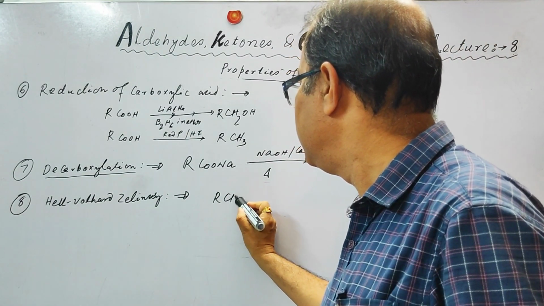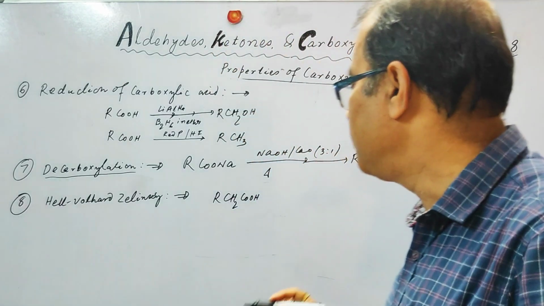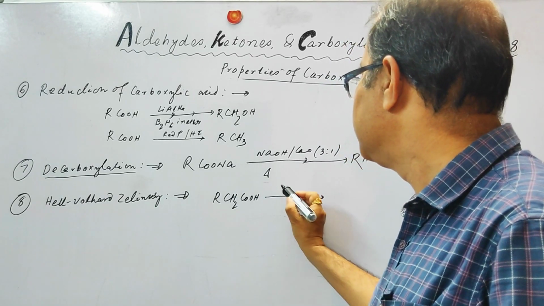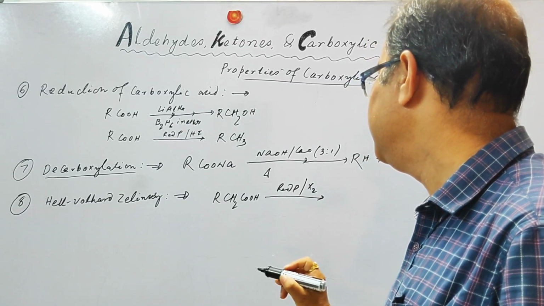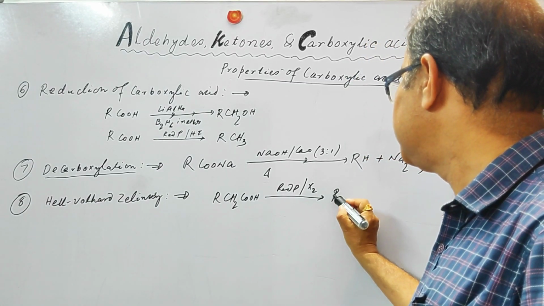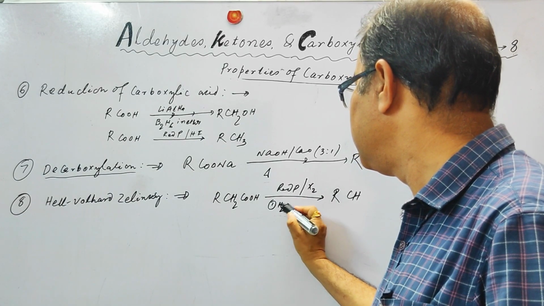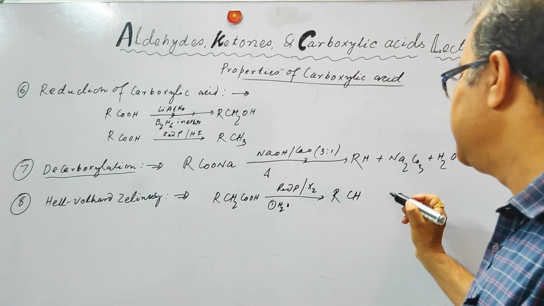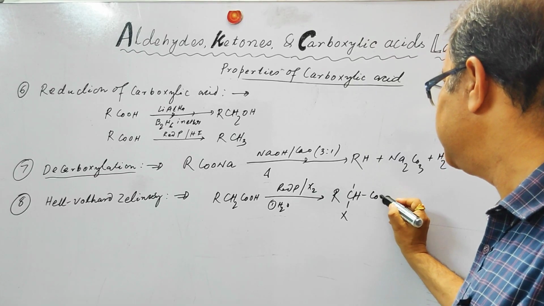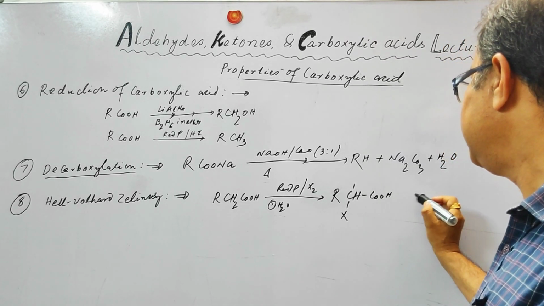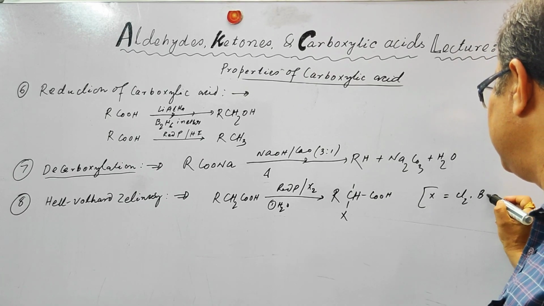So this reaction will not be undergone by formic acid, because formic acid does not have the alpha hydrogen. A small amount of red phosphorus and the halogen is going to produce this alpha halogenated acid, where X is chlorine or bromine.